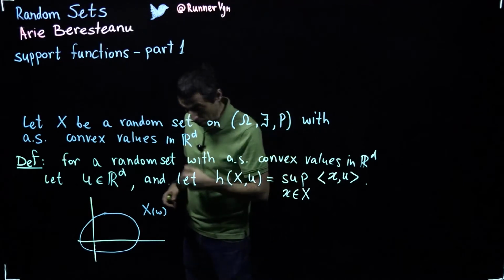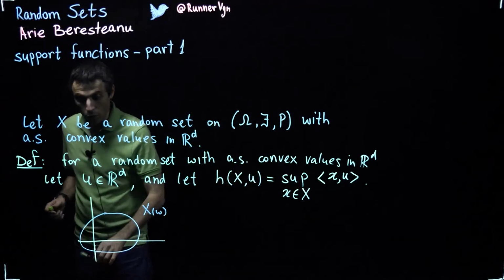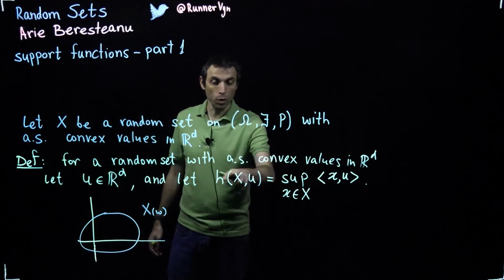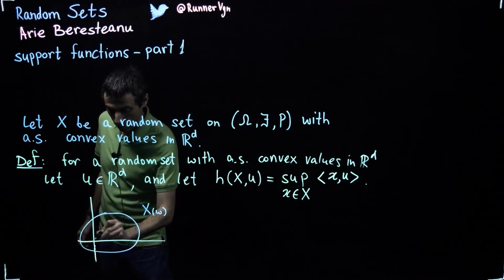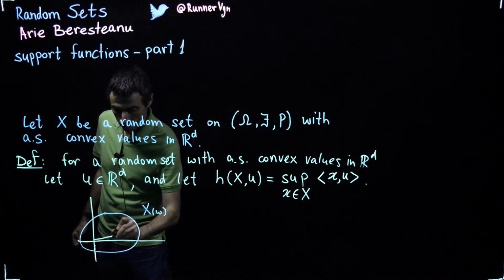And also let's say that we have a certain direction vector u in R^2 in this case. Let's say it's this vector. This is u.